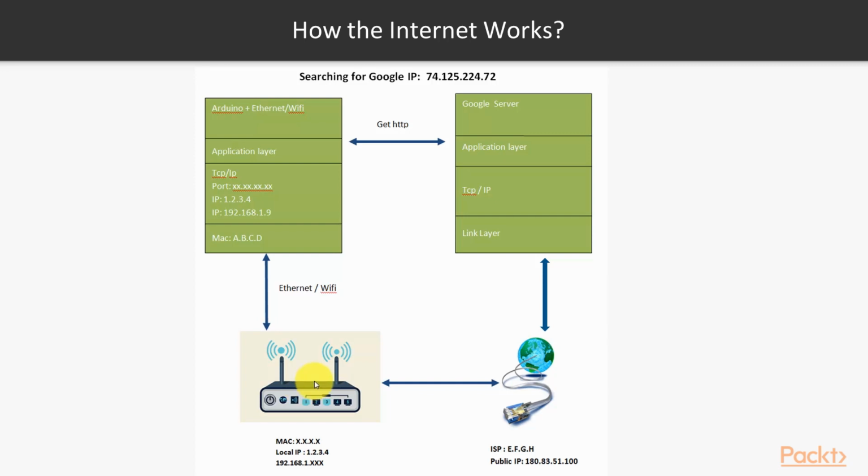Now when the router gets this message from the ISP, it knows that this was sent by the 9th device connected to the router, which communicates from 192.168.1.9. So it knows that this device is waiting for the message, and the router delivers the message to the 9th IoT device, and then the communication is terminated.